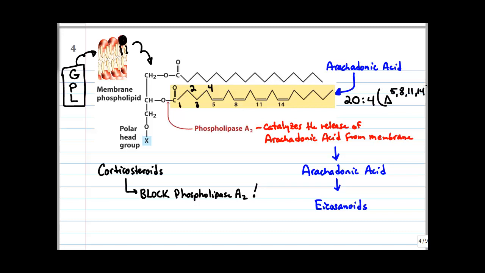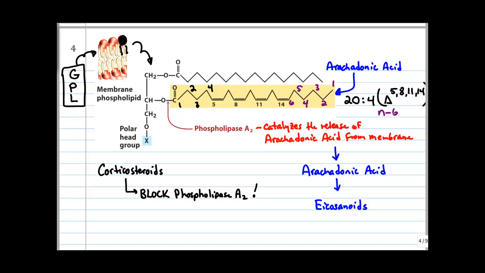Also, if you want to do the omega numbering, just for the fun of it, 1, 2, 3, 4, 5, 6, so it is an n minus 6. This is a very important fatty acid, folks. This is super important, arachidonic acid.